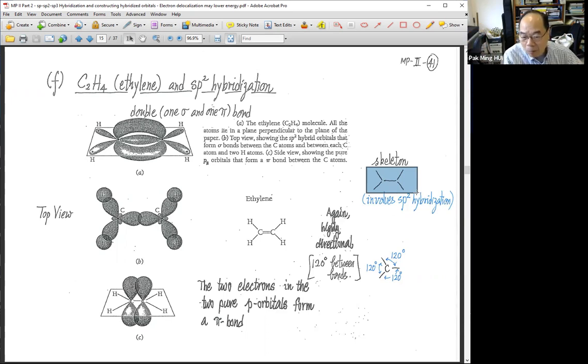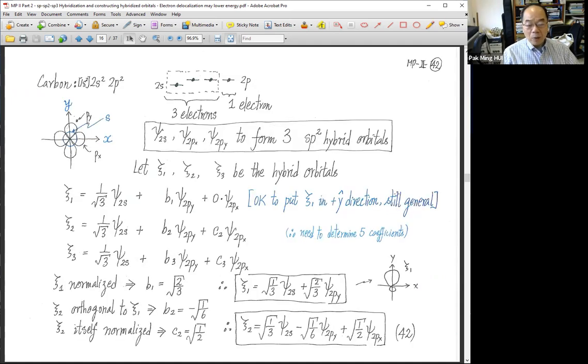This involves sp2 hybridization. We introduced last month how to construct the hybridized orbitals in a systematic way. Here we extend it to sp2 hybridization.